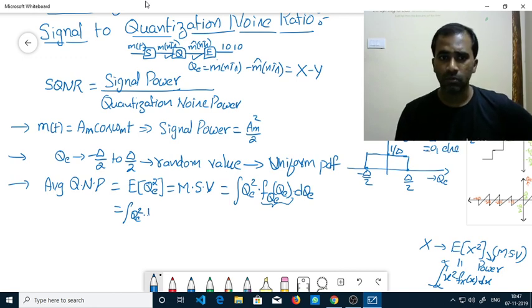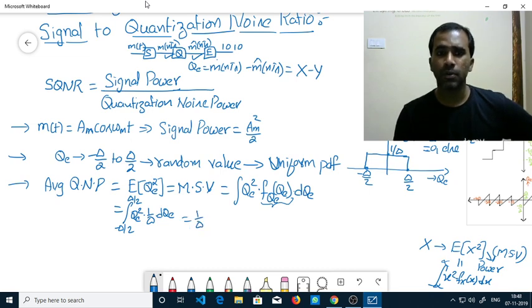In place of f_QE(QE) I substitute 1 by delta, valid only from minus delta by 2 to plus delta by 2. Integrating with 1 by delta outside, what is the integration of QE squared? It is QE cubed divided by 3, as simple as integrating x squared, which is x cubed by 3, with QE instead of x. Limits are from minus delta by 2 to plus delta by 2.